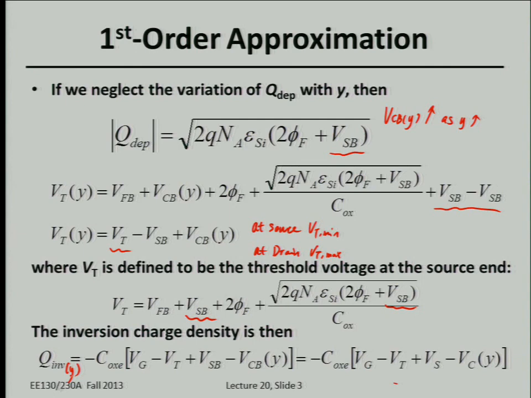So Q inversion is equal to the areal gate capacitance times the gate bias subtracted by the redefined threshold voltage according to the source potential, plus the difference between source and body potential, and minus the contribution from the drain terminal, right? If we re-express those, we just map those values to the terminal voltages. This is the source bias, and this is going to be the channel potential as a function of distance.